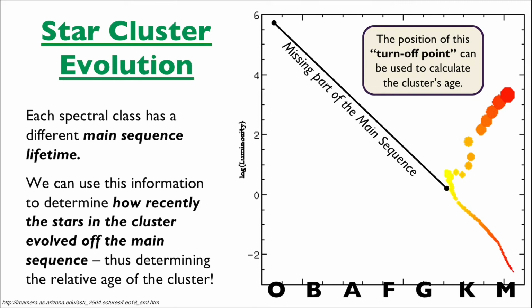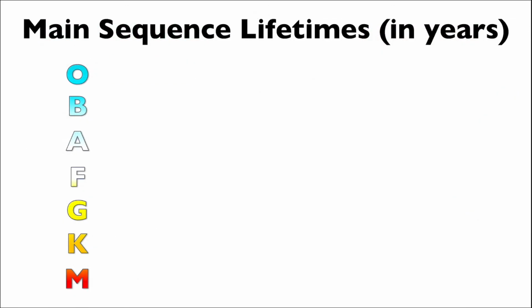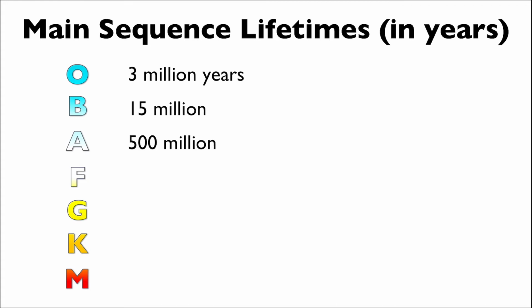So what are the main sequence lifetimes in years of each spectral type? An O-type star stays on the main sequence for only 3 million years, and that's a short period of time in the grand scheme of things, as you'll see. B-type stars stay on the main sequence for 15 million years, A-type stars for 500 million years, F-type 3 billion years, and notice now that we're in the realm of billions of years, not millions anymore.